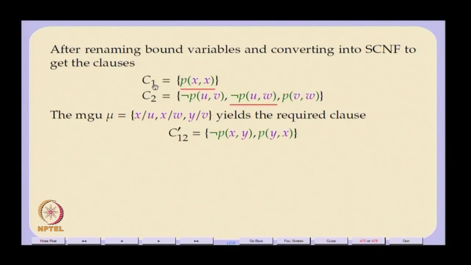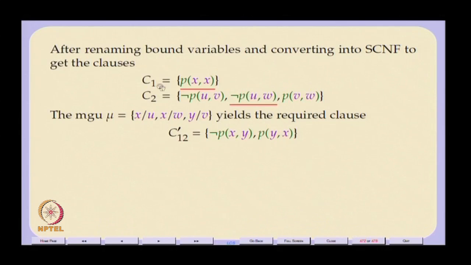In the class C1 there is only a positive occurrence of the predicate symbol P, which means that this anyway has to be a candidate for resolution, there is no other go. If I take positive occurrences of P from here, then I have to take some negative occurrences of P from here. Of course, I could have taken this, or this, or both.